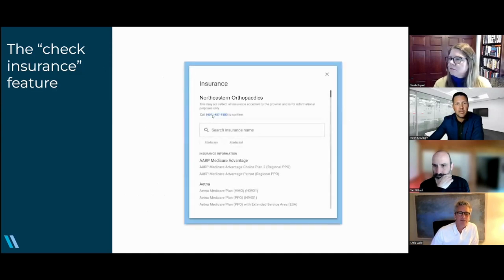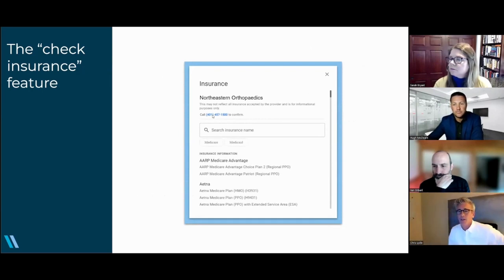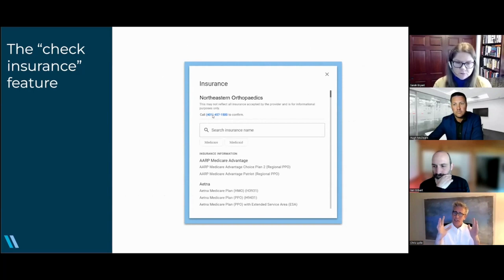Whoops. There she be. The check insurance feature that we just described. So there's a couple of really interesting points that come up there. One is that it's this interesting combination of the listing provider being able to go in there and add and edit insurance providers. But as the chat mentioned, Google will auto-populate that for you.